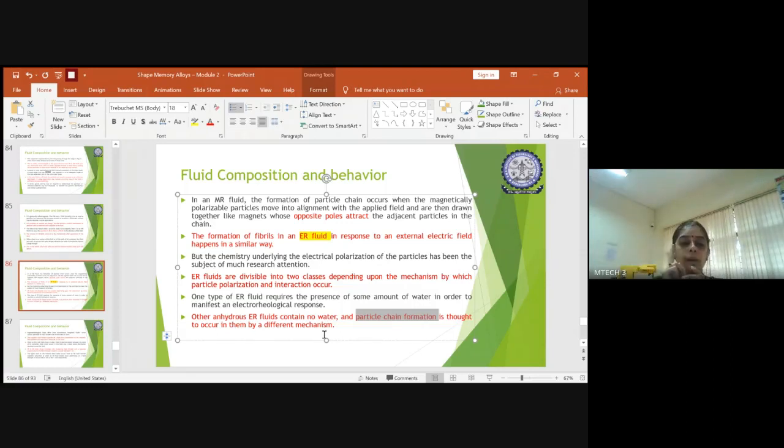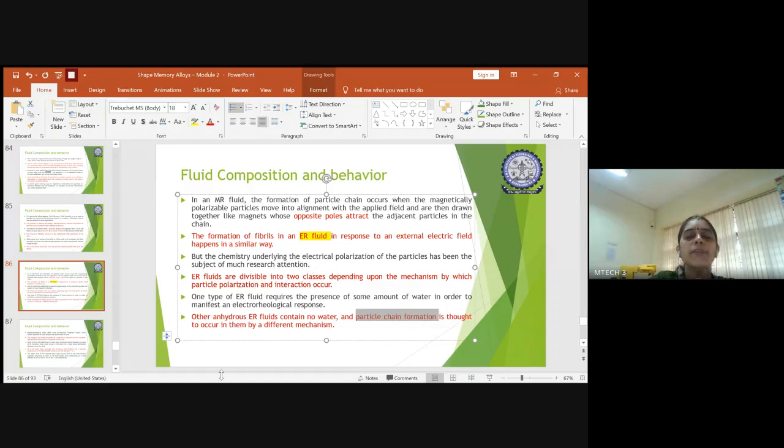One is the hydrous ER fluid, where the presence of a small amount of water is very much essential to manifest the electrorheological response. The second one is the anhydrous ER fluid, which doesn't contain water to manifest the electrorheological response.